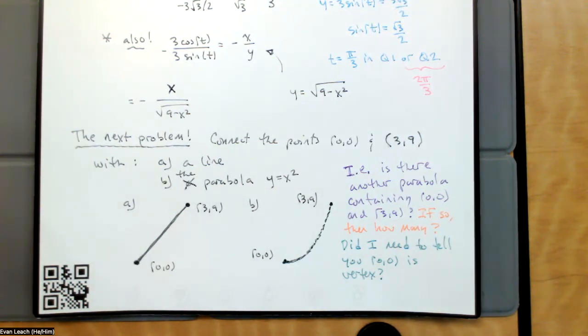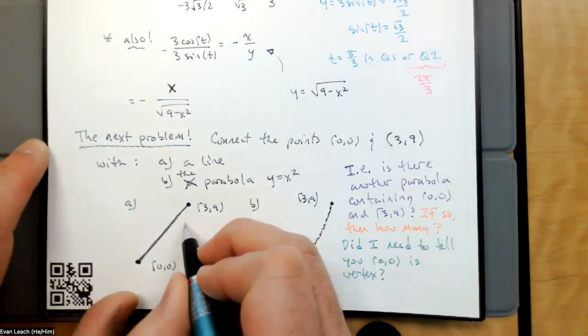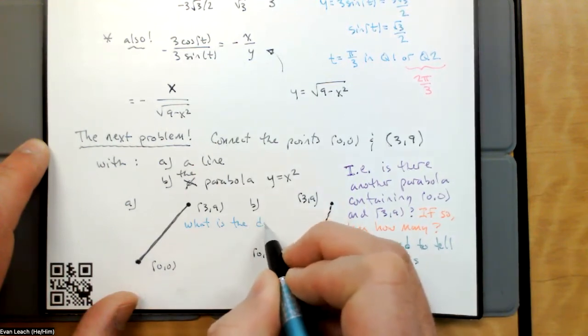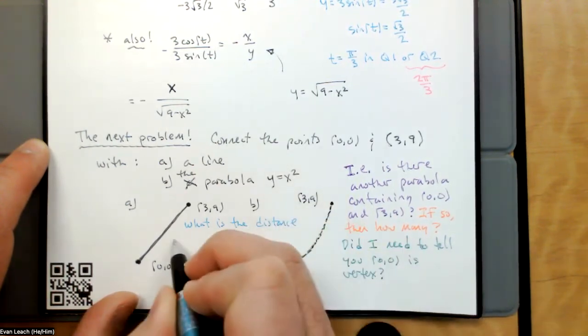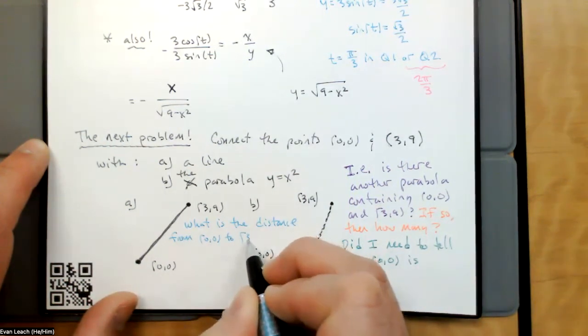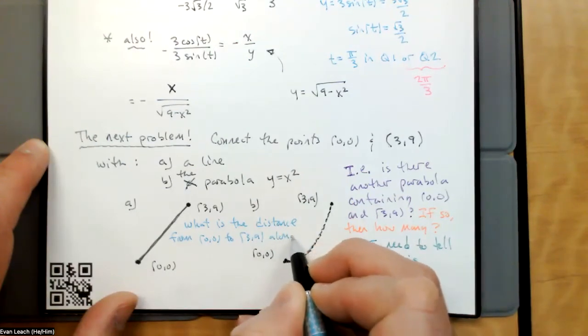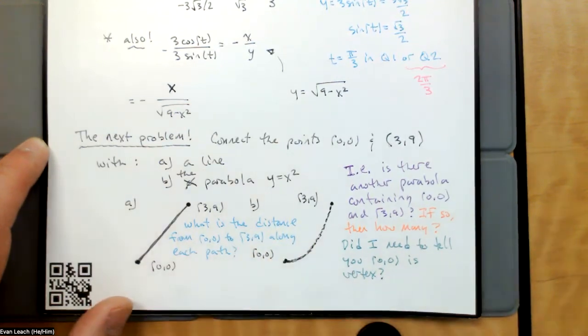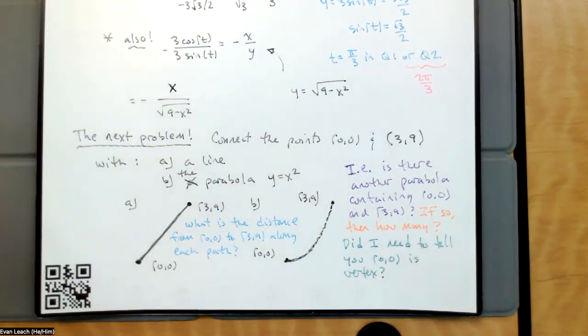What is the length of each path from 0, 0 to 3, 9? What is the distance from 0, 0 to 3, 9 along each path? That's what I want to know.